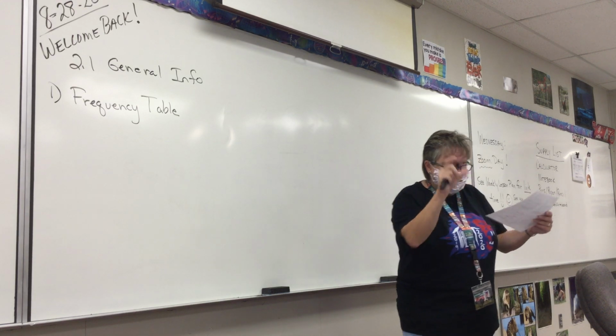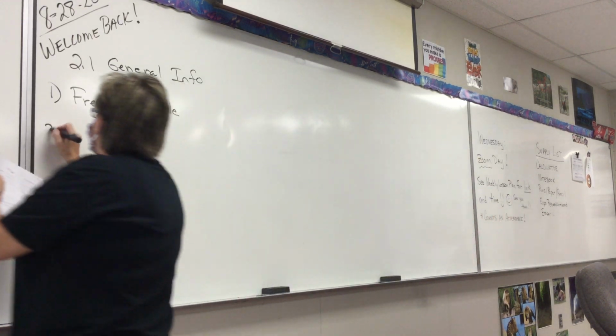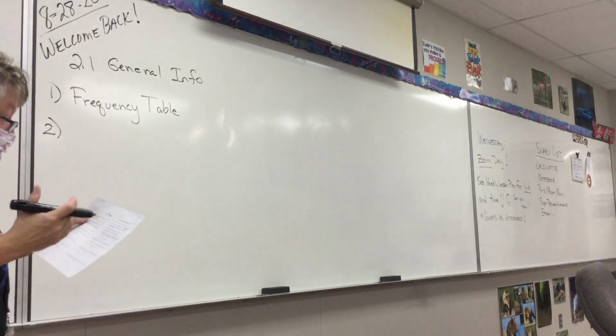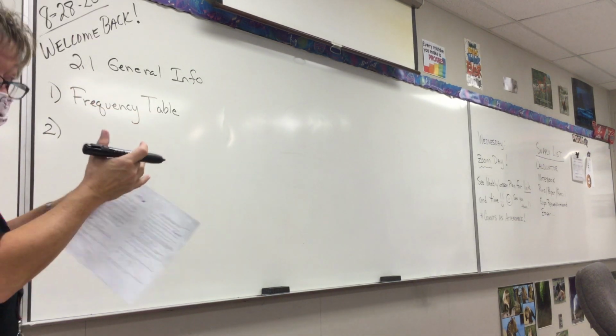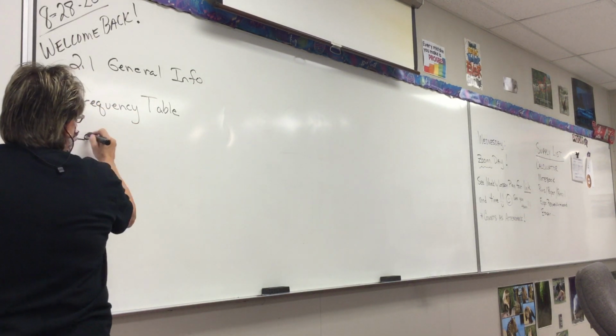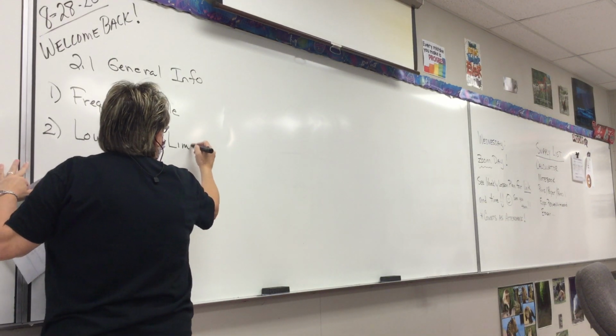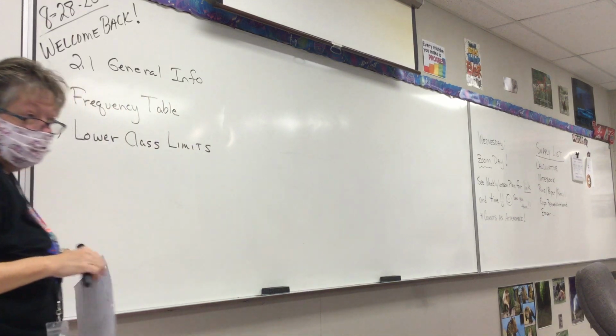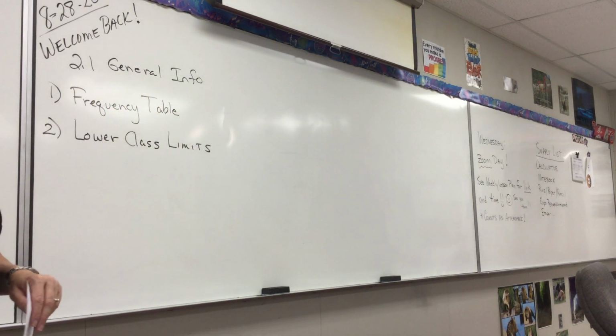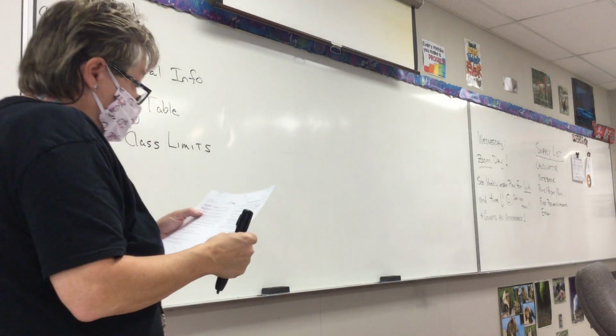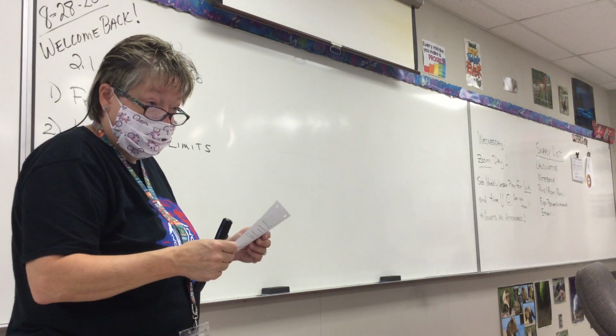Okay, now within the table, this is the second word. The smallest numbers that are actually in a frequency table are called the lower class limits. Okay, lower class limits. Smallest numbers that can actually belong.